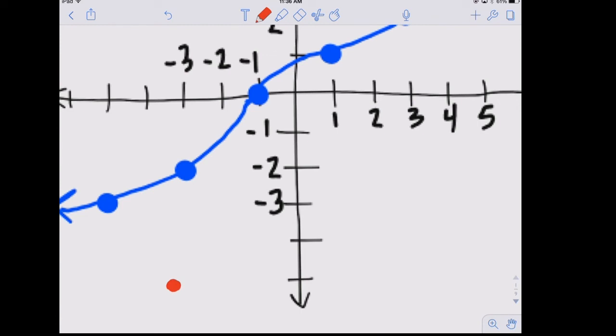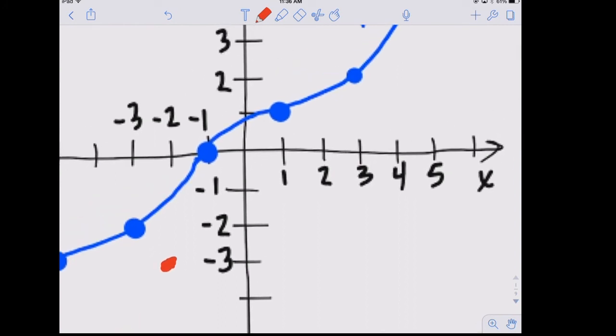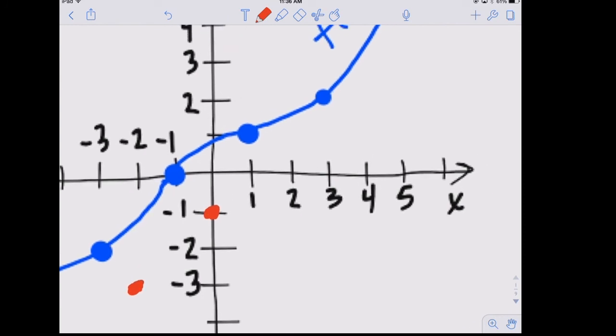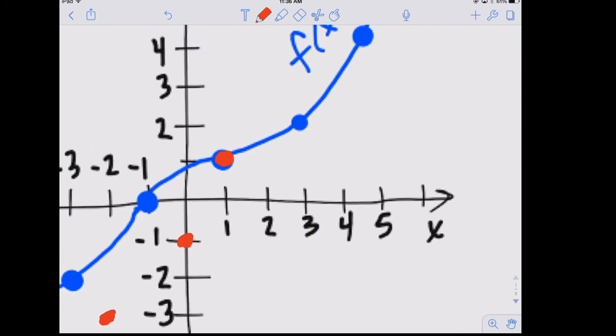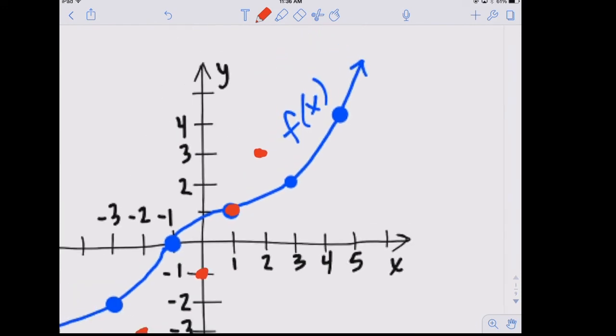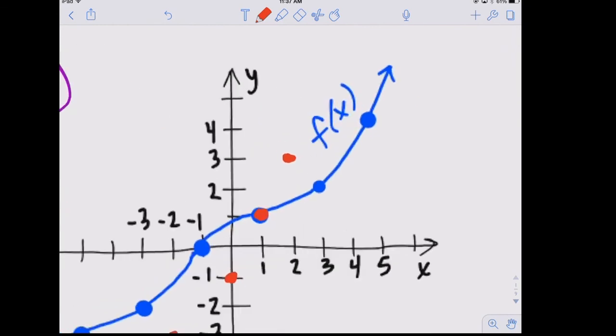And then the point -3, -2 becomes -2, -3. The point -1, 0 becomes 0, -1. The point 1, 1 becomes, when you switch it, 1, 1. Nice. The point 3, 2 becomes the point 2, 3. And the point, let's just agree on it, let's call it 5, 4.